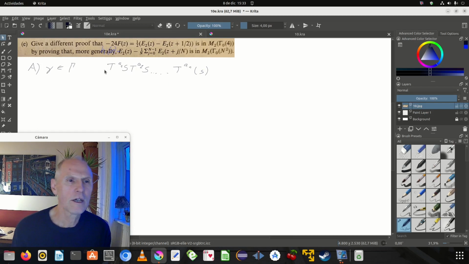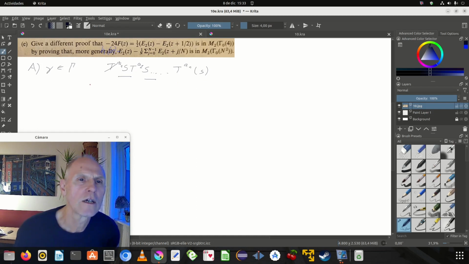And this t doesn't matter because E2 has period 1. So we can discard that. So we actually have to compute the action of s t to the 8th and then maybe finishing off with s.